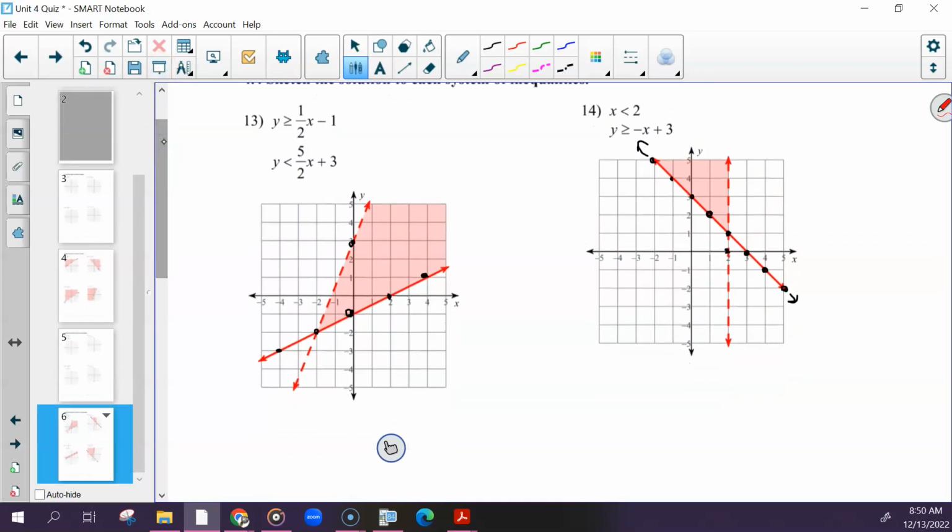And then your systems, each problem was worth 5 points. Did you graph both lines correctly, slope and y-intercept? Did you graph the type of lines correctly, solid or dashed? And then is the overlapping section that you graphed or shaded correct?